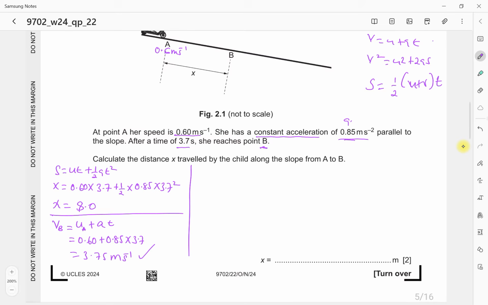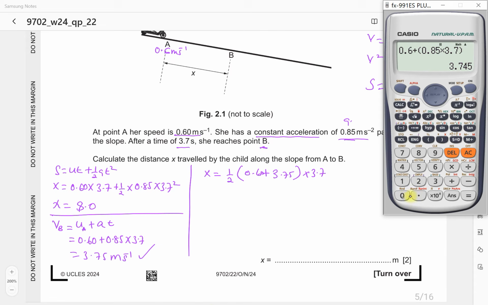So x equals a half into initial velocity 0.6 plus the final velocity 3.75, then times t, which is 3.7. So 0.6 plus 3.75 divided by 2 times 3.7.